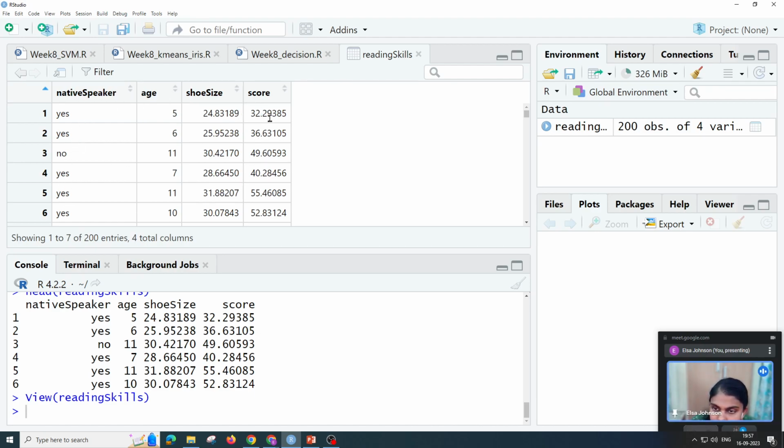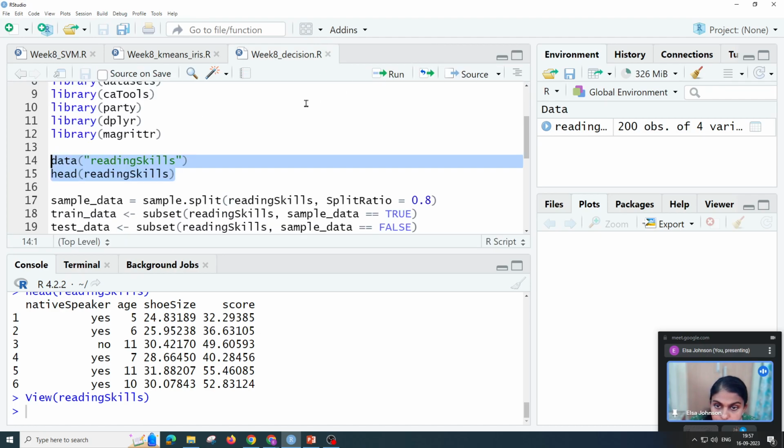This data set doesn't give that much information, but it has 200 entries and 4 columns. The label is whether that person is a native speaker or not, and the score is given.